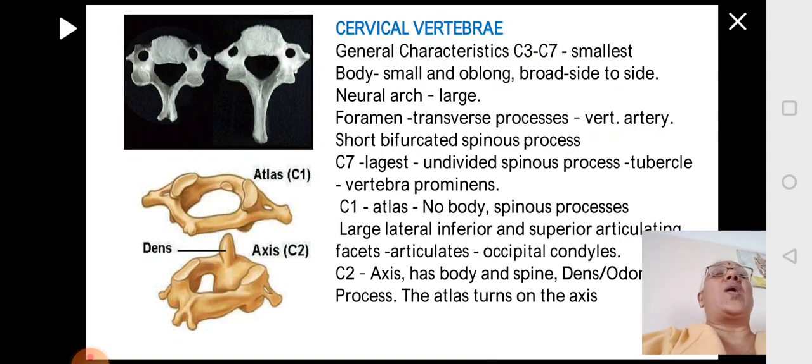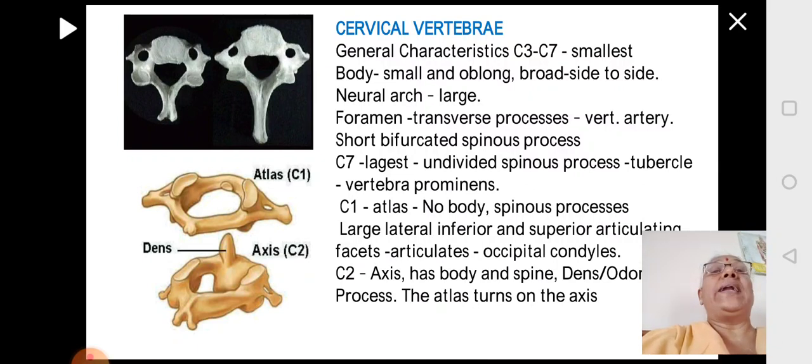That opening is called the foramen transversarium, present in the transverse process of the cervical vertebra, through which the blood vessel, the vertebral artery, will pass. This is a characteristic feature of cervical vertebrae. And if you look at the spinous process, the typical cervical vertebra will have a spinous process which is split into 2 at the end. This is called a bifid spinous process.